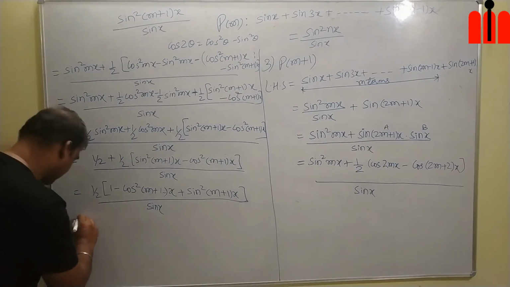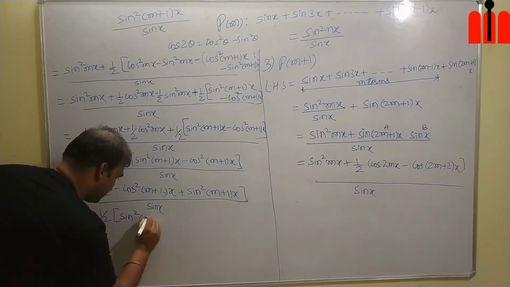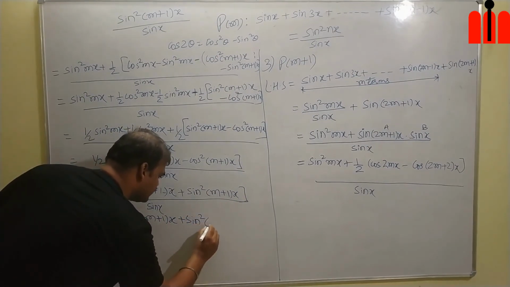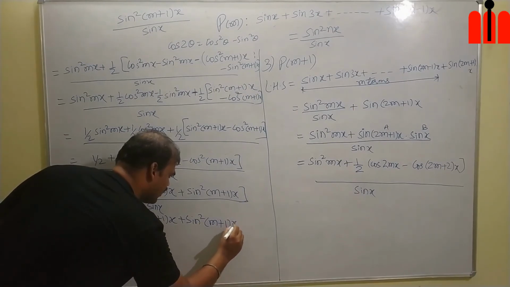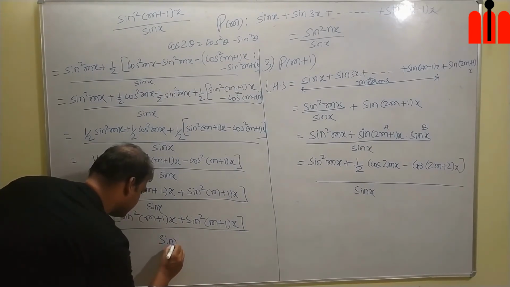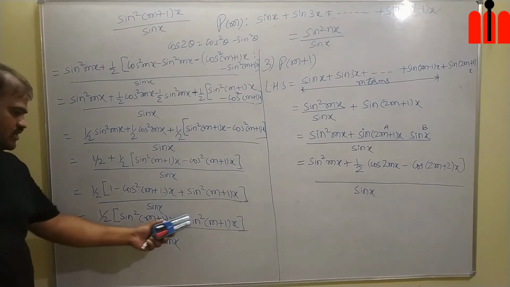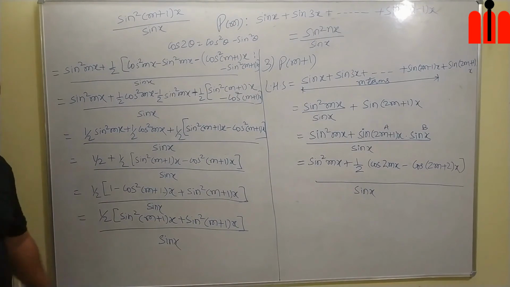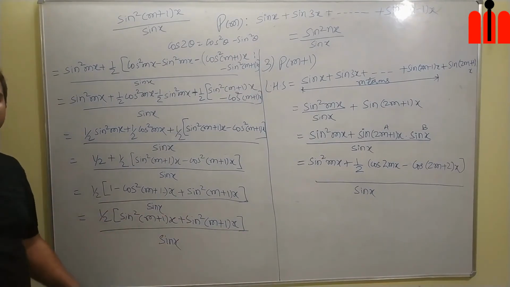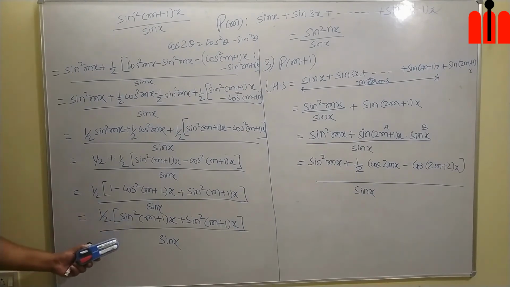Okay, so it will be half of sin square m plus 1x plus sin square m plus 1x, whole divided by sin x. Sin square m plus 1x plus sin square m plus 1x will become 2 sin square m plus 1x, and this 2 will get cancelled.